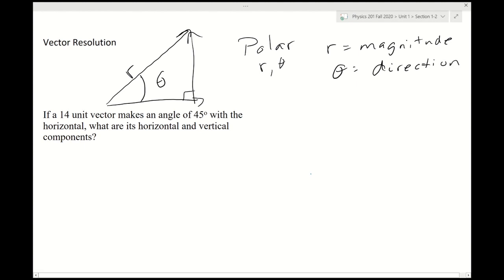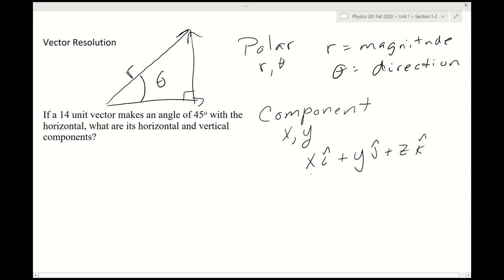We need to convert that into something called component form, which is oftentimes an XY or an XYZ form. Now we will have some X in the i hat direction, we'll talk about that in just a second, Y in the j hat, and Z in the k hat direction when we need 3 dimensions, and then comma, unit.